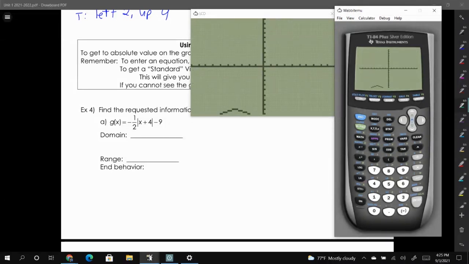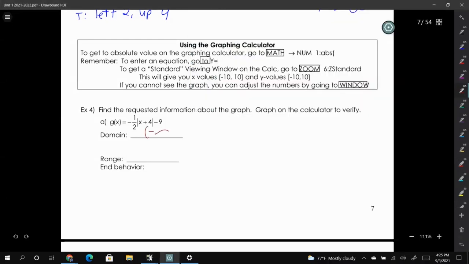So the graph looks like that. And like I said, your domain for absolute value is always negative infinity, comma infinity. Our range, the largest y value is at our vertex here, and that's at negative 9. So the domain, negative infinity, comma infinity, and your range, I'm sorry, negative infinity, because that's the smallest number, comma negative 9.